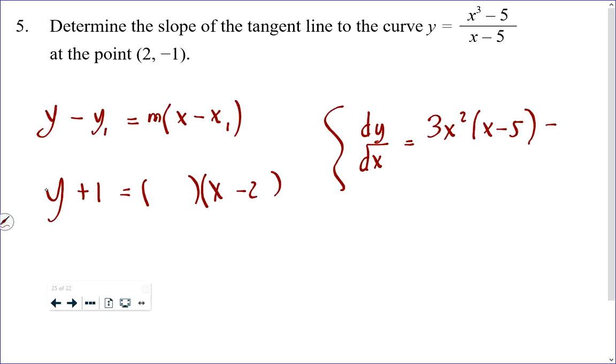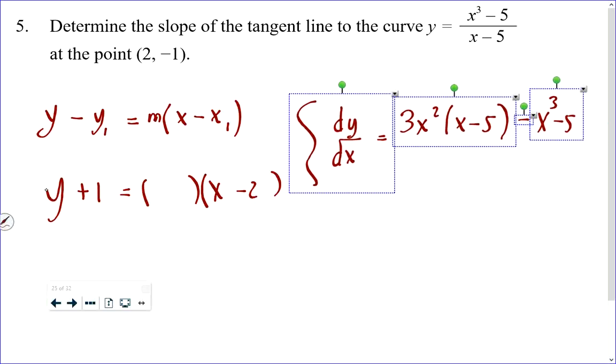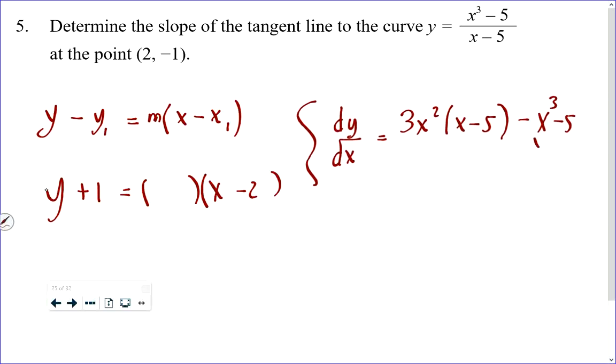Minus the top, which of course needs to be in brackets, times the bottom. If I were doing this on my own, I wouldn't put times the derivative of the bottom, rather I wouldn't put times 1 because the derivative of the bottom is just 1, so who cares? And this is over the bottom squared.